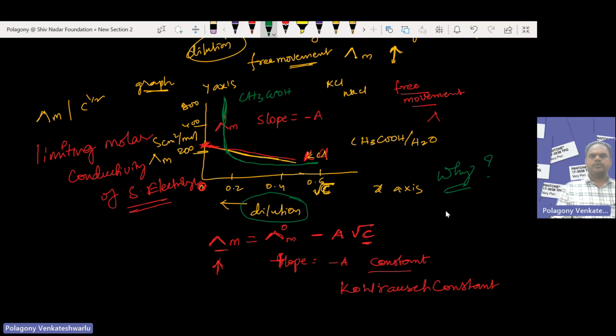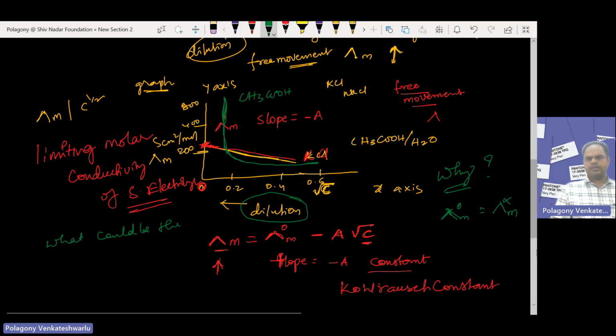The limiting molar conductivity at infinite dilution we can get, but for the weak electrolyte it is not intercepting. So what could be the reason? If you observe the weak electrolyte, what is its alpha value?